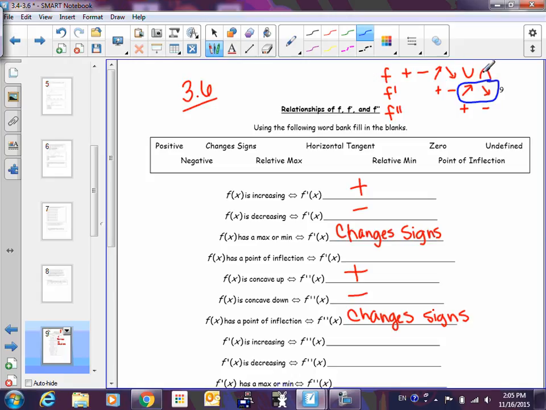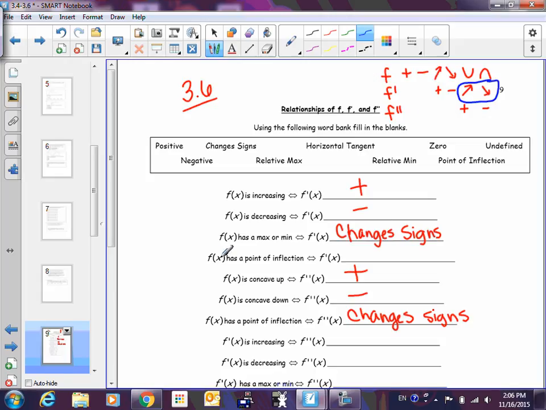Okay, so on a point of inflection, F prime could be changing from increasing to decreasing, or a relative max, and it would actually work the other way as well. So like if you had a concave down and then concave up, this would work as well. Okay, and then we have a sign change here for F double prime. So again, if you're really into this, you may want to know the longer version, but I don't know if it's necessary, but what I've circled here, that's going to be important.